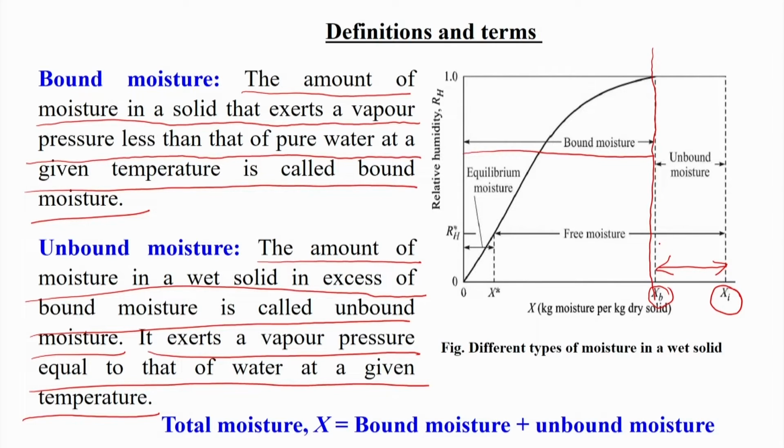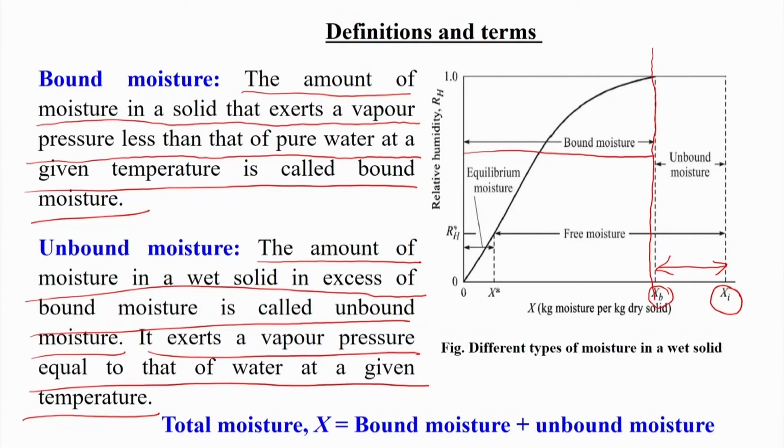The unbound moisture is in equilibrium in the sense that the vapor pressure of the moisture present inside the solid material and the vapor pressure of water at that particular temperature and pressure remain the same. So the unbound moisture can be separated under the particular condition without any help from a drying medium.